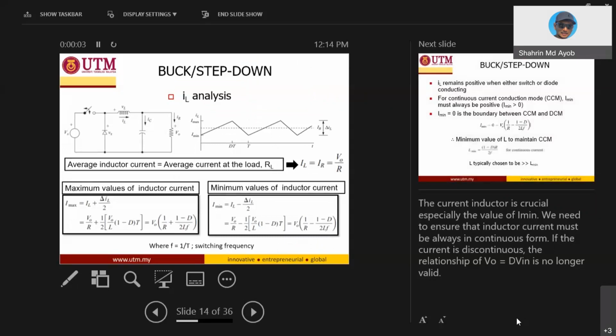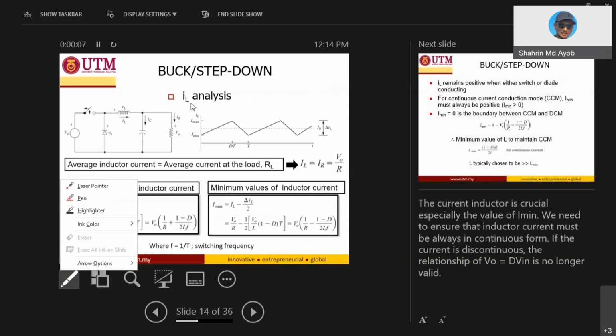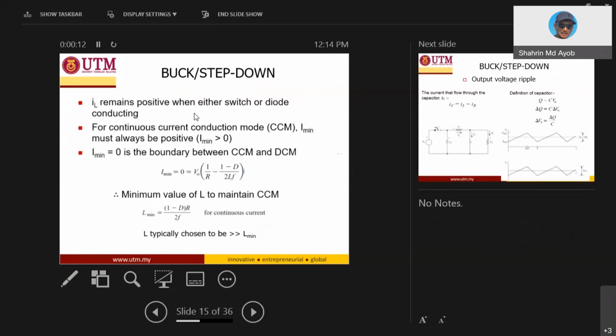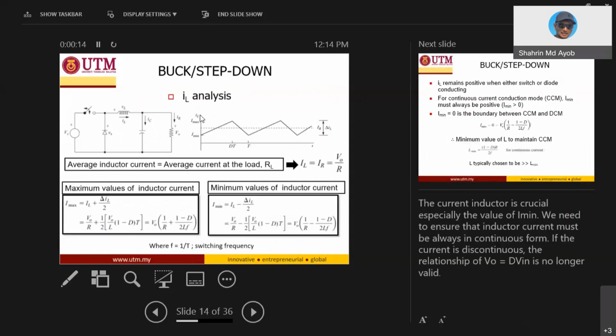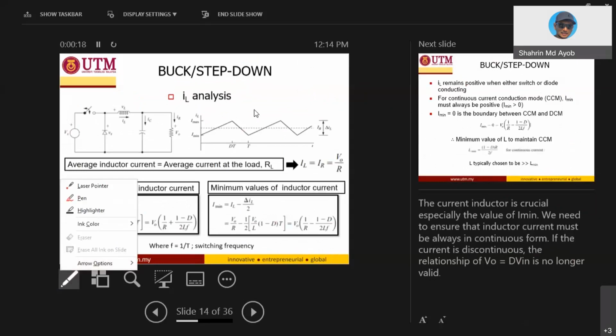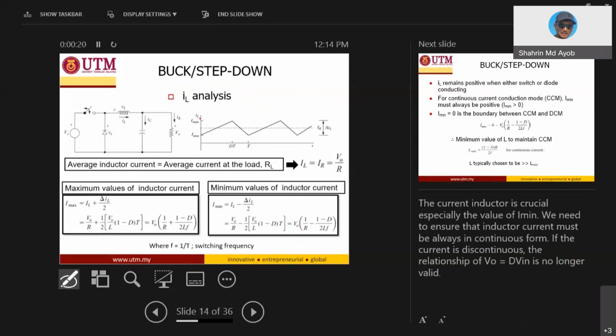Okay. So, if you see this one, how can we get I max? I max is here. This one is your I max, right?